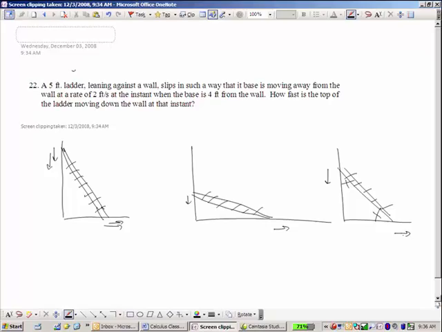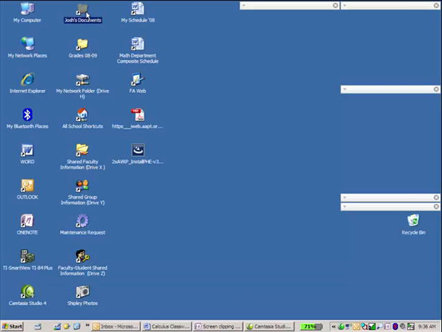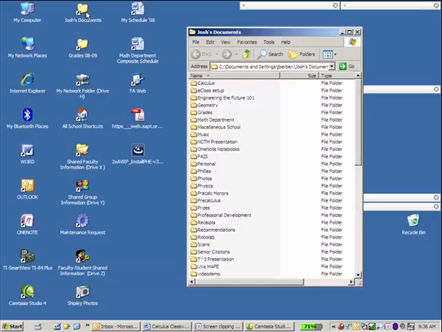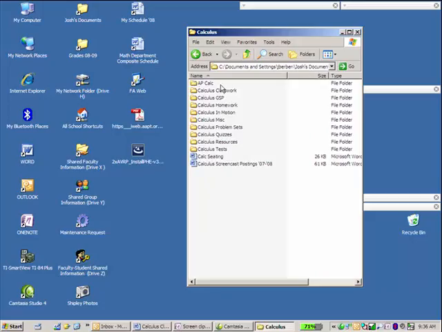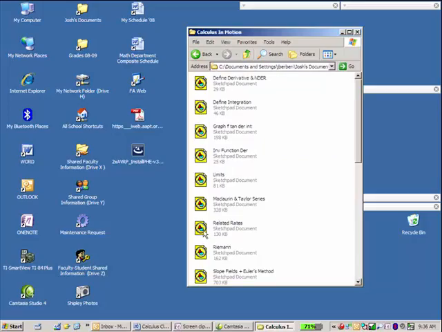Maybe I'll give you the demonstration. Let's show you. You can do that in Geometry Sketchpad.